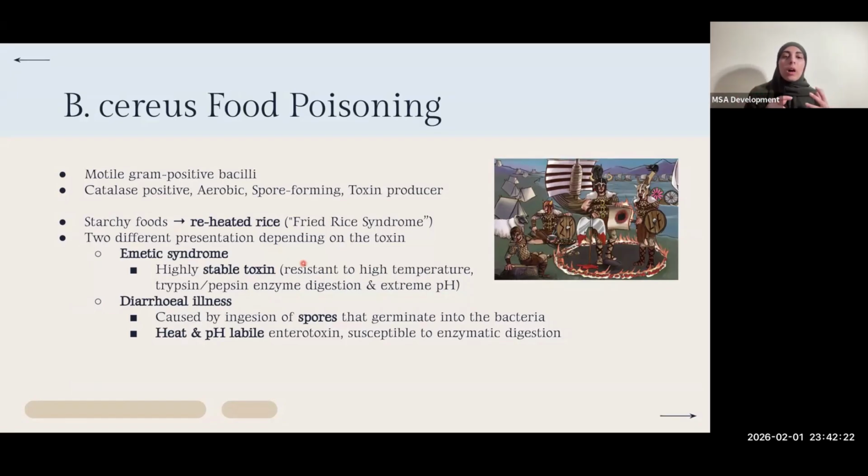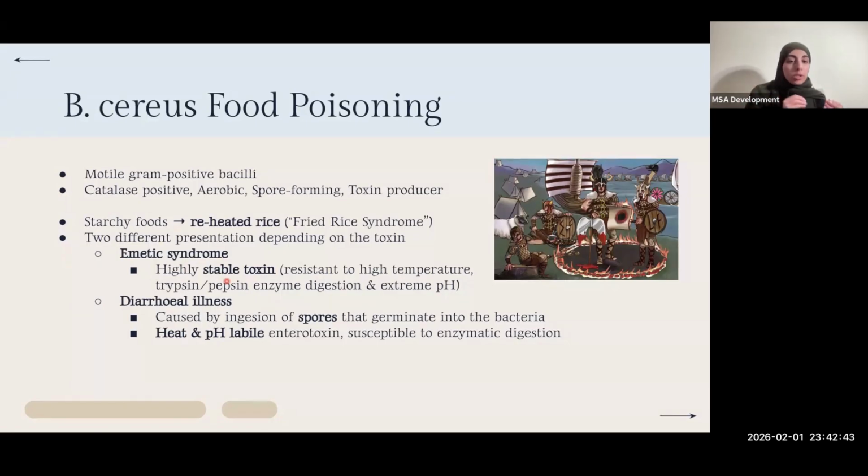So, the pathogenesis, okay? In the emetic syndrome where they get vomiting, it's because they eat a highly stable toxin that's resistant to high temperatures, resistant to digestive enzymes and pH. So basically, if they eat this toxin, they get vomiting and emetic syndrome.